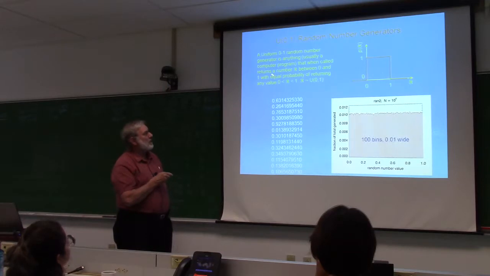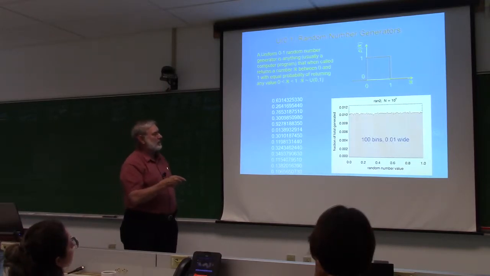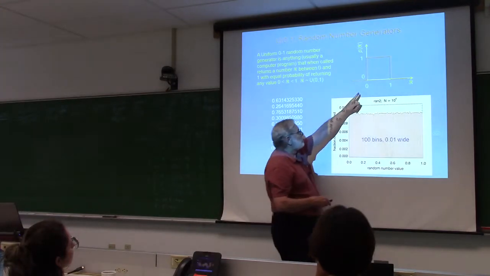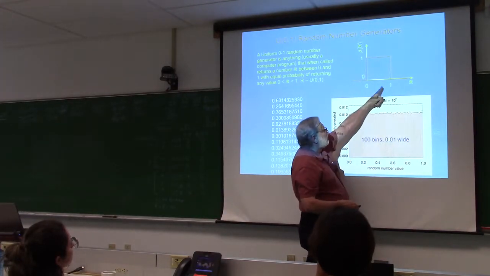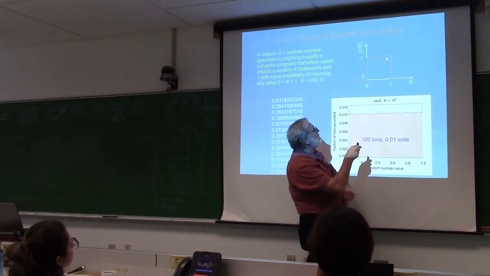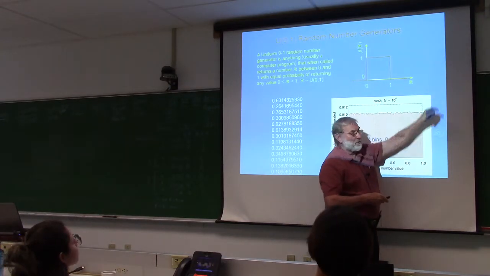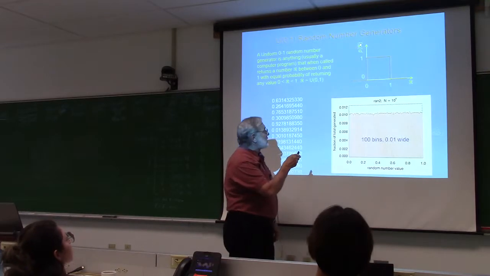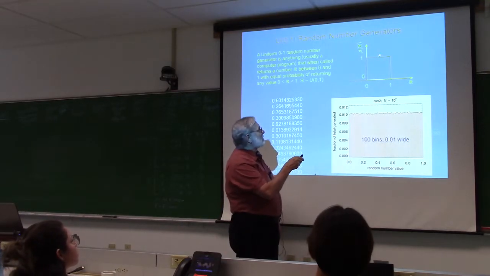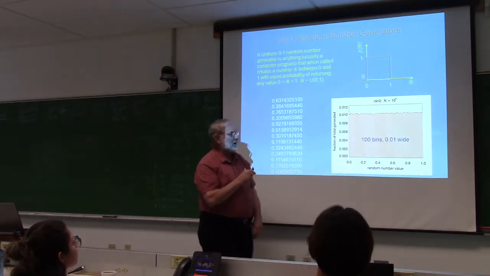So if you look at the PDF of a uniform 0-1 random number generator, it's non-zero between 0 and 1, and there it's equal to 1, and you never get a number less than 0 or more than 1. So this little guy's PDF is simply this little function right there.